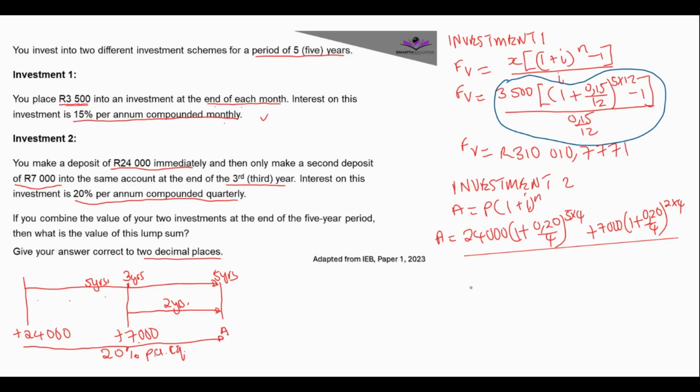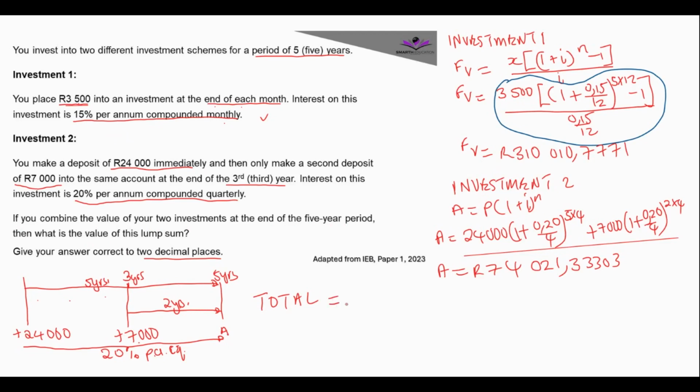Okay, what does it give you? A is equal to 74,021.33303. We'll round off at the end. So now, what is the total amount? Because we're asked to find the total amount. If you combine the value of your two investments at the end of the 5-year period, then what is the value of this lump sum?